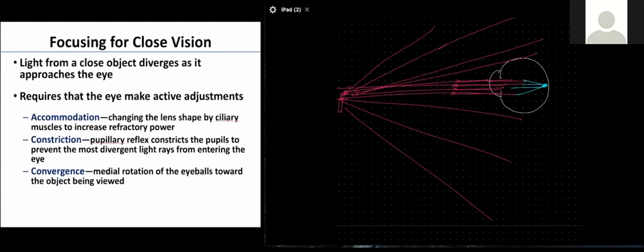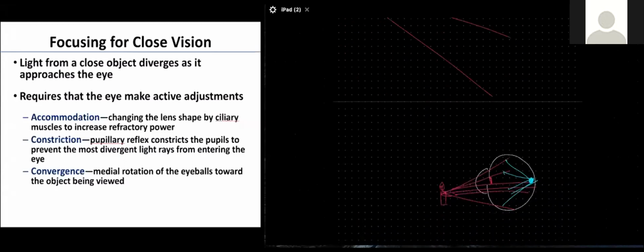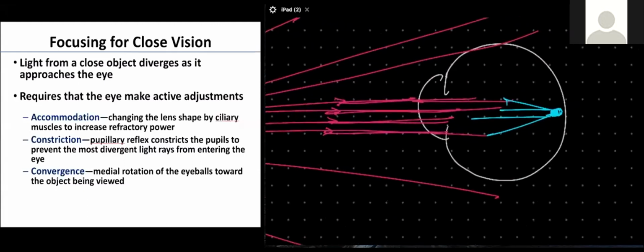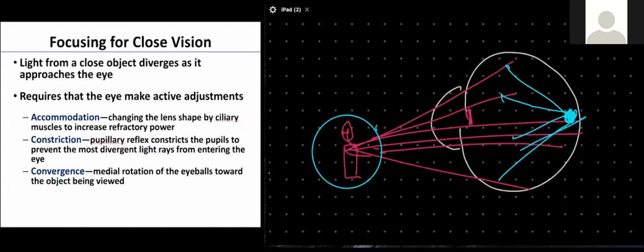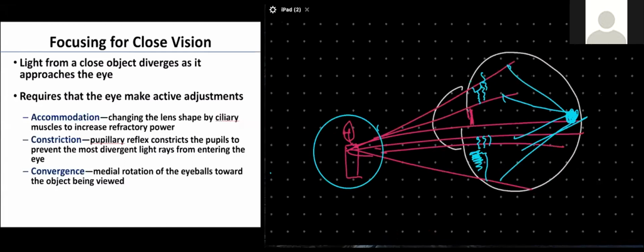So what would I do in order to converge those divergent light rays that are emitted from a close object, a near object? What I will do here is relax the suspensory ligaments holding the lens of the eye by contracting the ciliary muscles in the ciliary body.